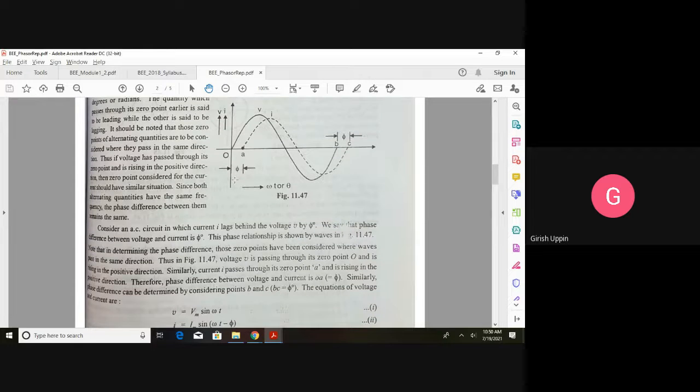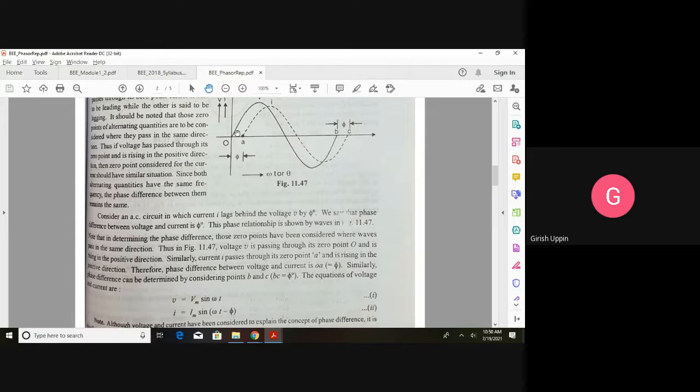We can represent it as a mathematical equation. This voltage, because it is starting from the zeroth reference, we can represent as v = Vm sin omega t, and the current is lagging the voltage. Lagging means it is starting after the voltage by an angle phi. So we can represent i = Im sin(omega t minus phi), because it is starting late.